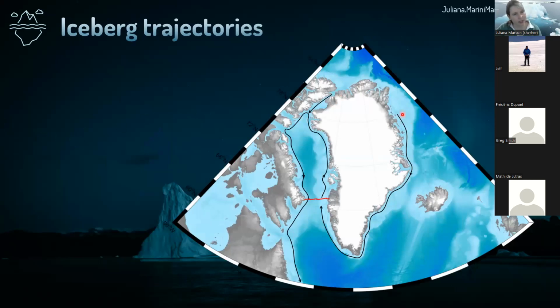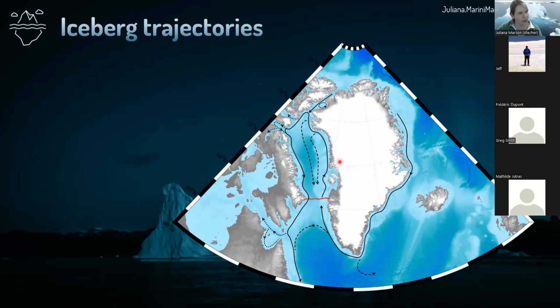The first one is just what you would expect: icebergs following the boundary currents. They usually follow the shelf break, especially here at Baffin Island. Then you also see some other branches that they follow, so some known recirculations and other circulation features like smaller gyres.